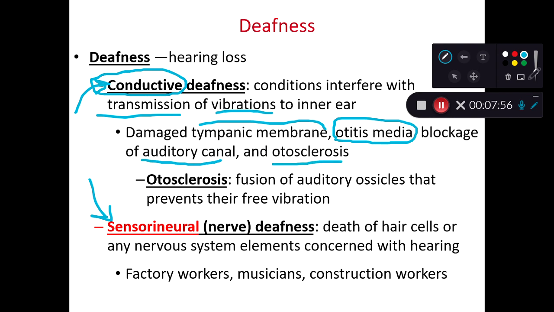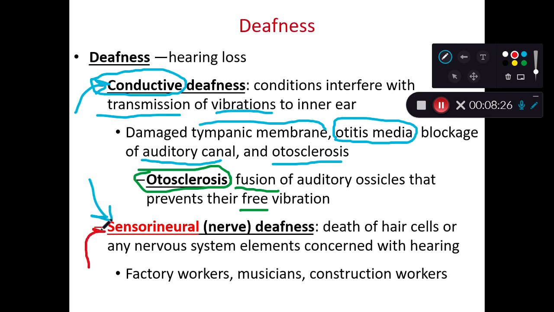This condition, otosclerosis, will happen as the auditory ossicles, the malleus, incus, and stapes, fuse together. And as these auditory ossicles fuse together, they lose free vibration. And if they lose the ability to freely vibrate, then the tympanic membrane doesn't receive the signal that it's supposed to receive. And all noises, generally speaking, are going to be quieter.